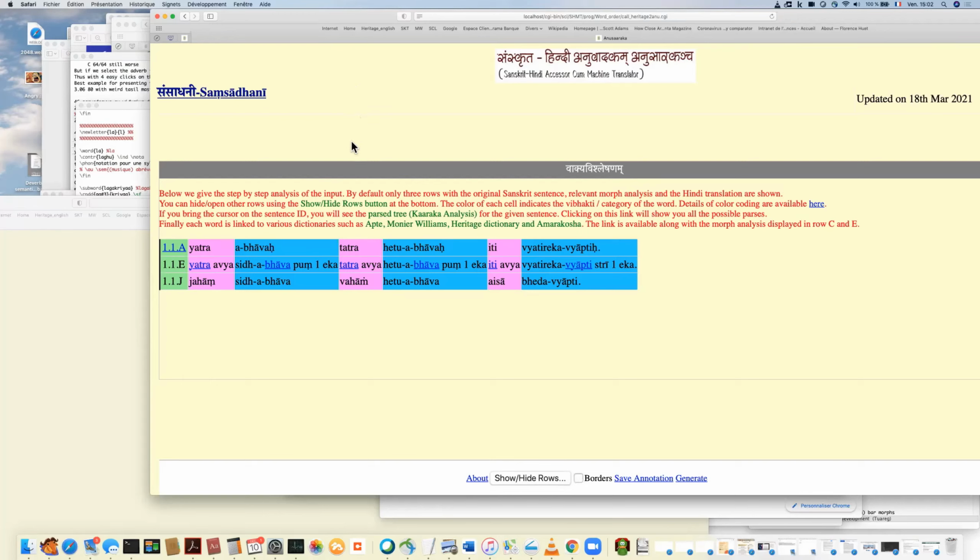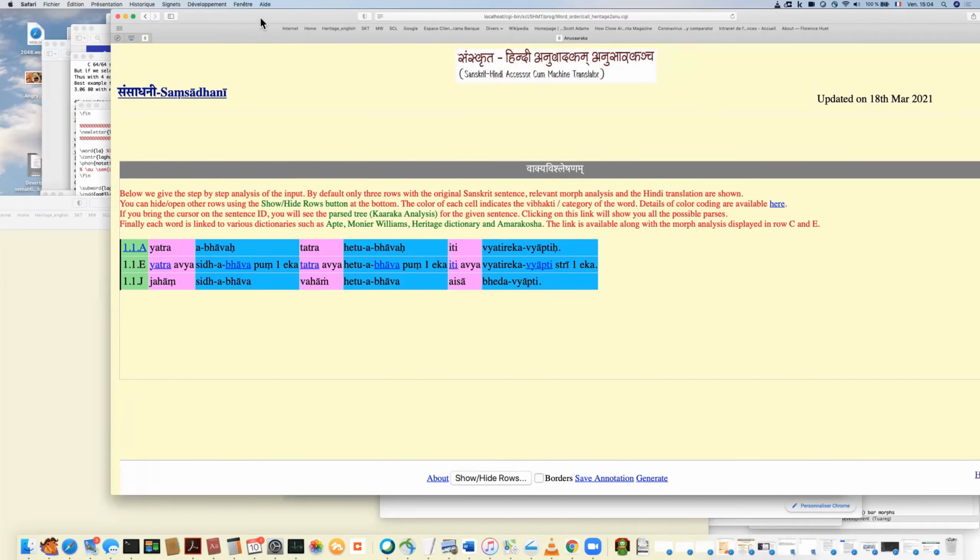Then one more question, madam. And this is the Samsadhani site, which I see on this right now. I'm not able to get big sentences there. Large sentences, big sentences at one stroke. No. Why? If you give very large sentence, then system may get choked, because there will be exponential solutions.